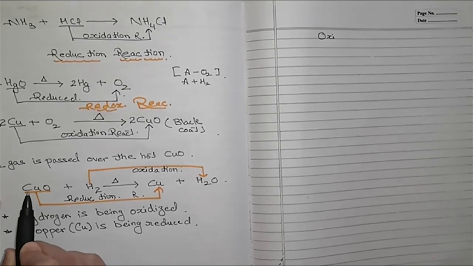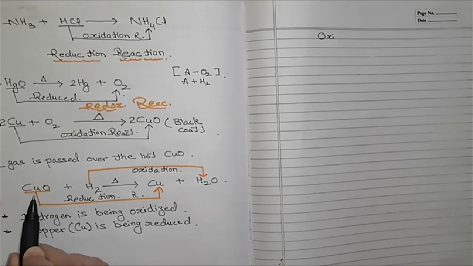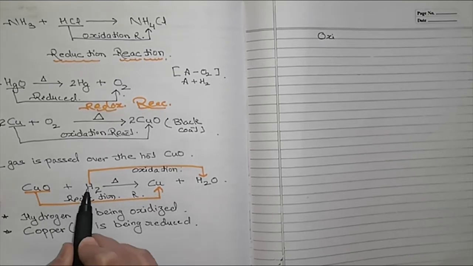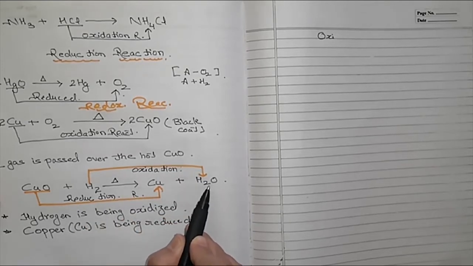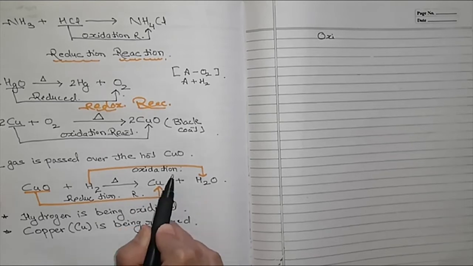Now when copper oxide is heated, the final product we are getting is copper. There is a loss of oxygen, so this reaction is a reduction reaction, whereas hydrogen is gaining oxygen. There is a gain of oxygen, so this reaction is an oxidation reaction.